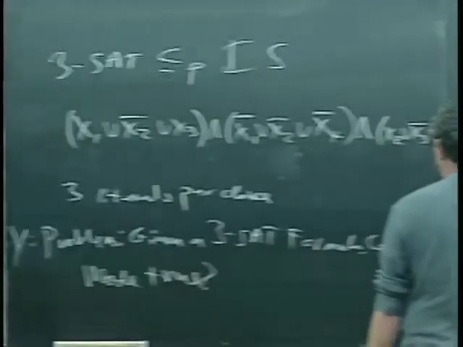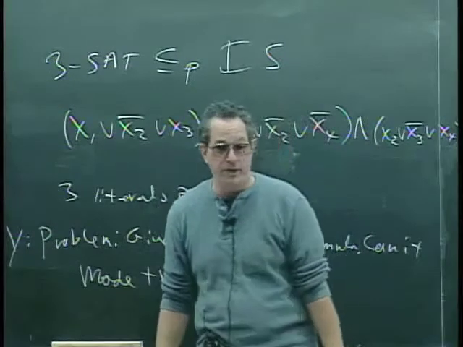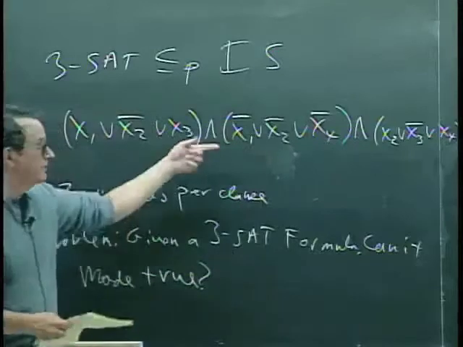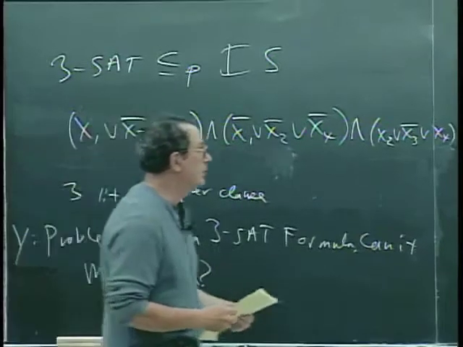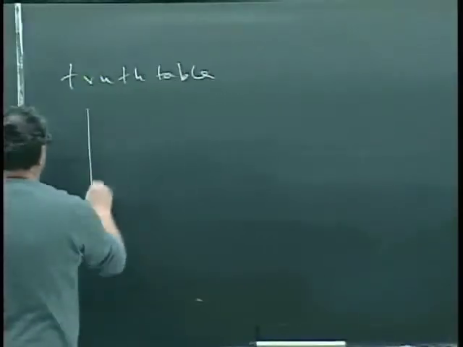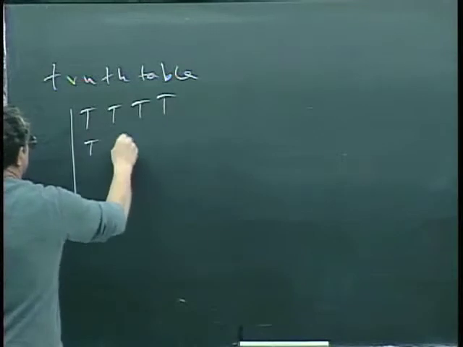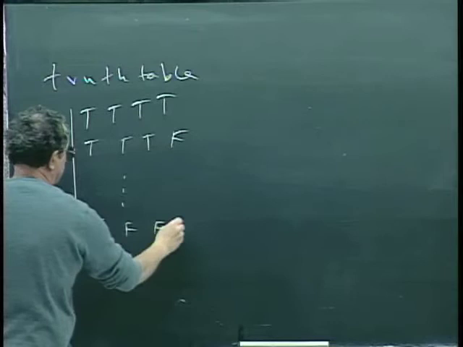For 4 variables, there are 2 to the 4th different ways of assigning true and false to the 4 variables. 2 to the 4th is 16. So we would have a table like true, true, true, true, true, true, true, false, etc., all the way down to false, false, false, false.